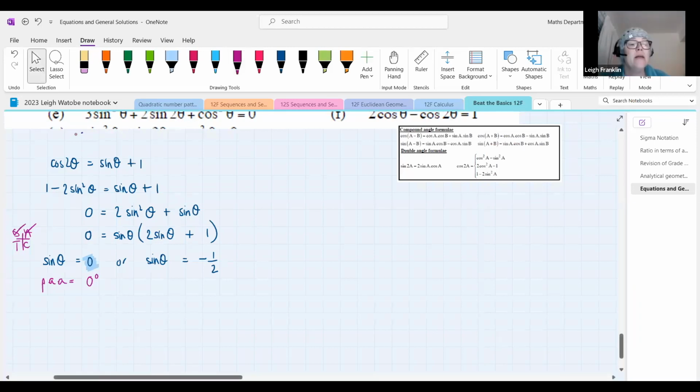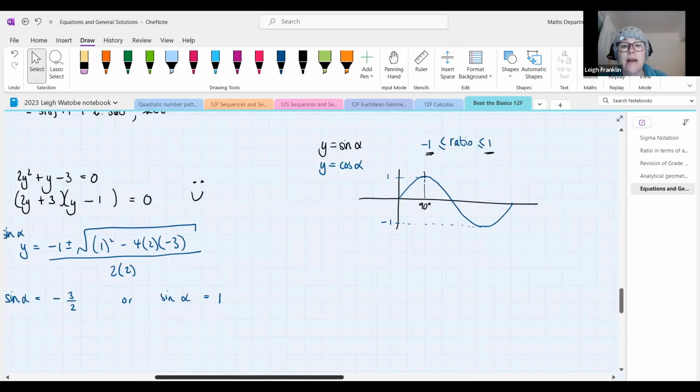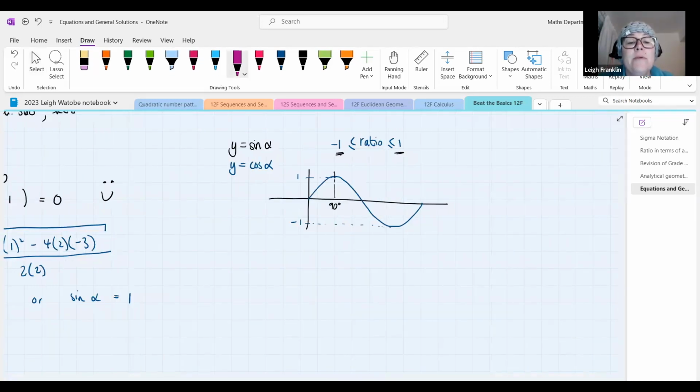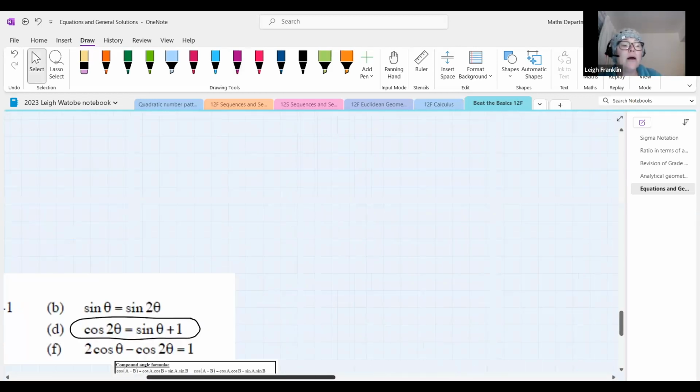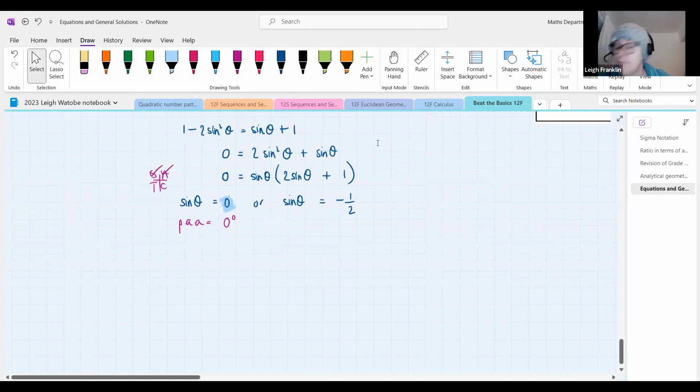Now again, that's because of the graph. If you go back up here and have a look, there is 0 degrees, isn't it? And on your graph, sine theta is equal to 0. So that's why I always keep going back to the graphs every time.